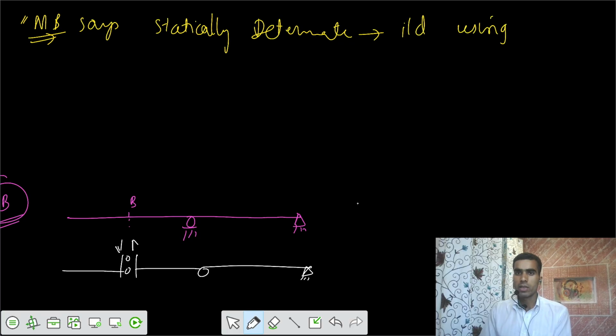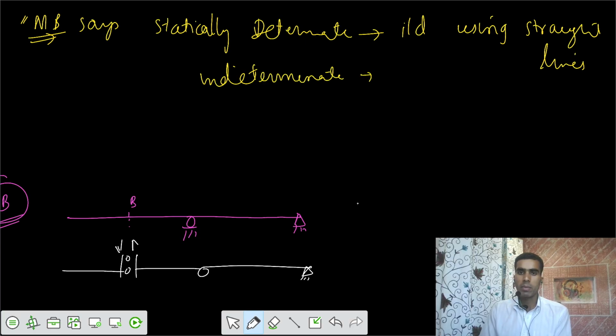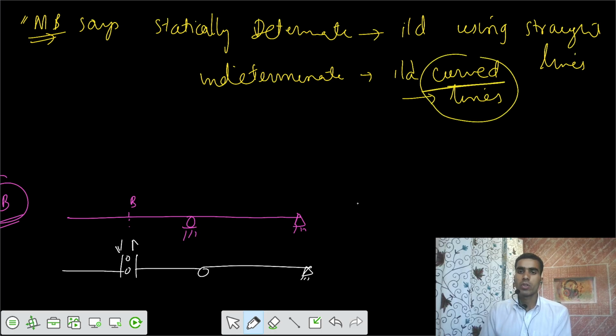We draw ILD using straight lines. But if we have a statically indeterminate beam, we have ILD using curved lines. We already studied this in the first lecture. So for indeterminate beams, we show by curved lines. In determinate beams, we show by straight lines.